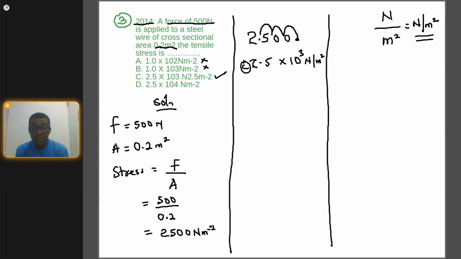So option C is the answer. So the correct response is going to be option C for this UTME question. All right, so this is going to be the final answer.